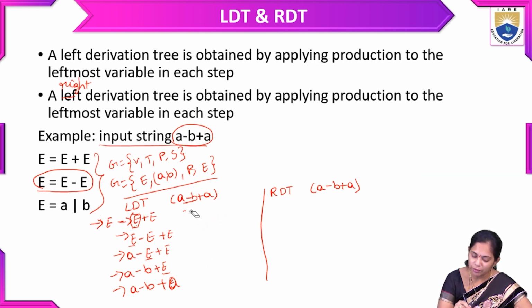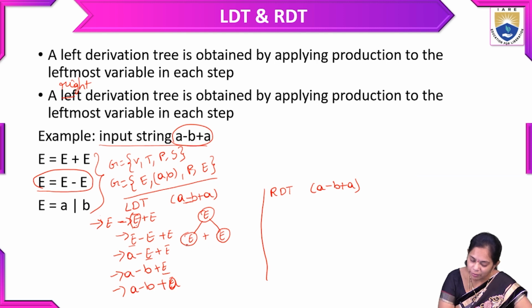For this derivation's input string, how do we write the derivation tree? For the leftmost derivation tree, the first step is to take the root node with the first production rule.